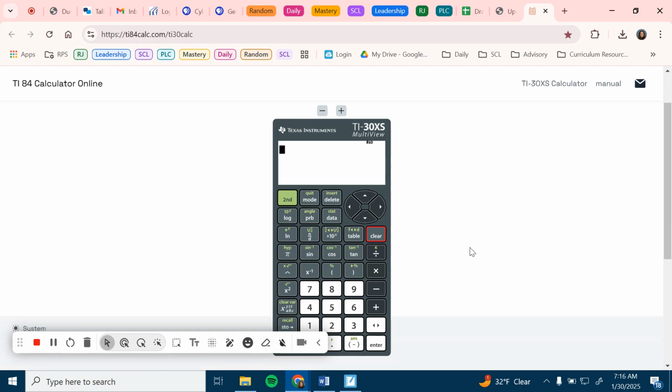Okay, your calculator should look something like this. And I'm going to type in exactly what we just said. 3. Oh, why is it not clicking? Come on. Hang on just a second. Oh, rats. Okay, well, you would type in 3, and then your sine button is up here.